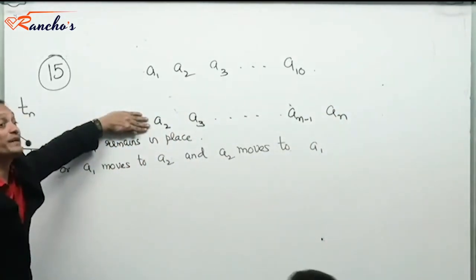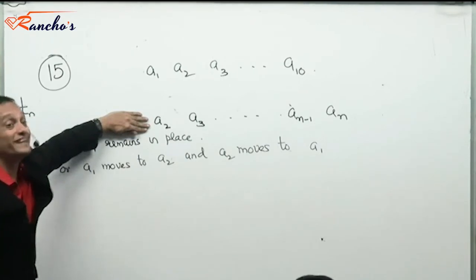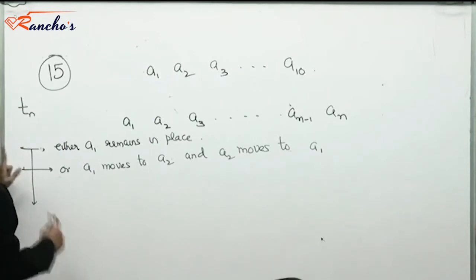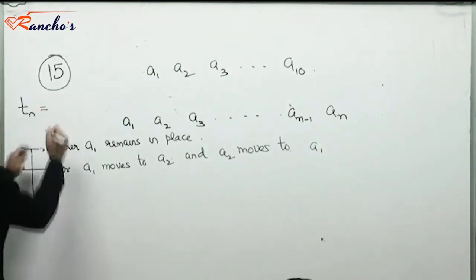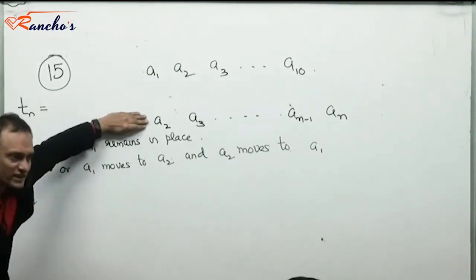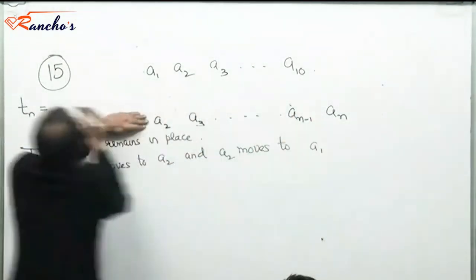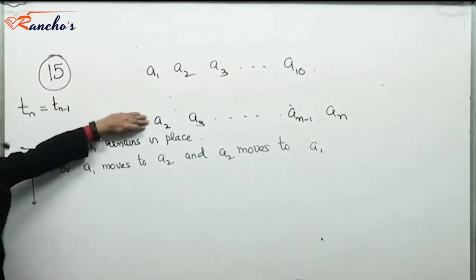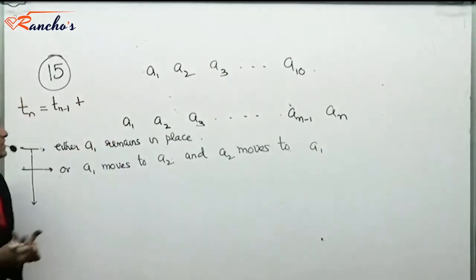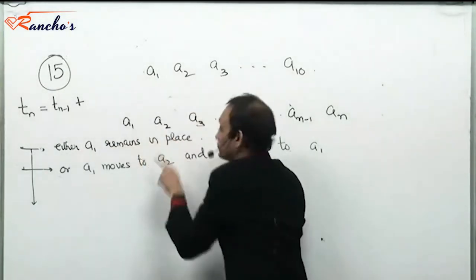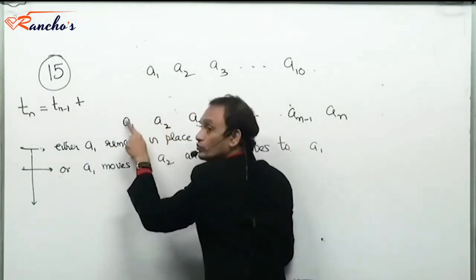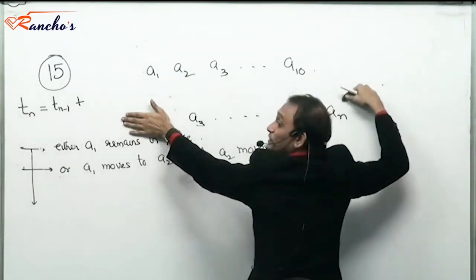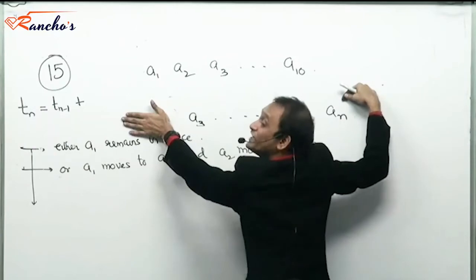In how many ways can the remaining n minus 1 children be rearranged? Tn minus 1 ways. Yes or no? If Tn is the total count, then part of Tn is the cases in which A1 is fixed and the remaining n minus 1 children can be arranged in Tn minus 1 ways. The rest of the count is where A1 moves to A2 and A2 moves to A1, swapping their positions. The remaining n minus 2 people can be rearranged with the given rule in Tn minus 2 ways.